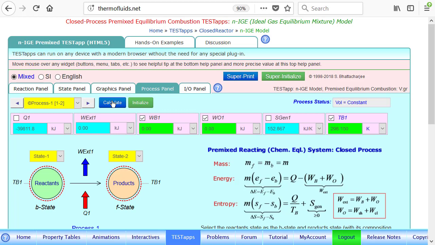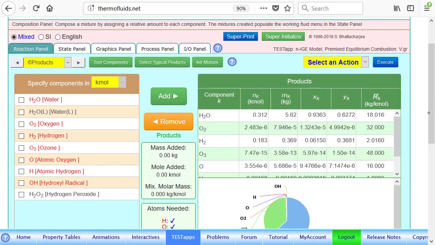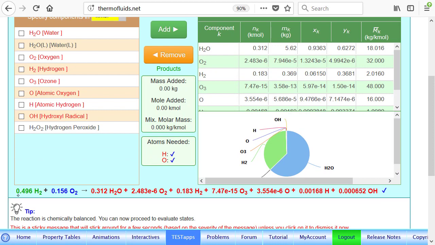And that will produce the heat transfer in this case. So we have about 39.8 million joules of heat transfer loss from this to have a final temperature of 2500 Kelvin. And of course, the final compositions are shown here as the final reaction, with each species amount shown.